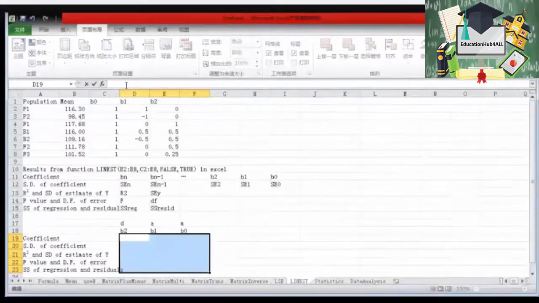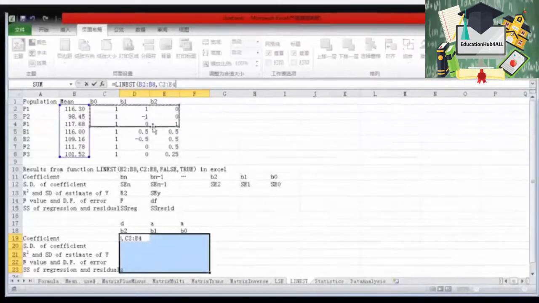And then I go to here, I input the linear estimate. This function tells you first you need to say what the y is. So this is our y, and this is our x. For the constant, there is an option, because in this data b0 is actually a constant, so it should not be considered again.